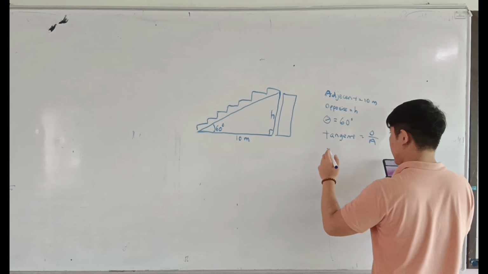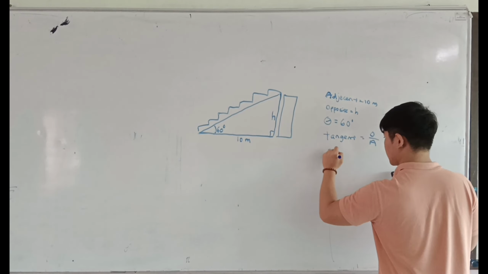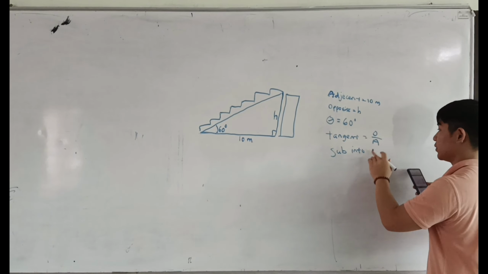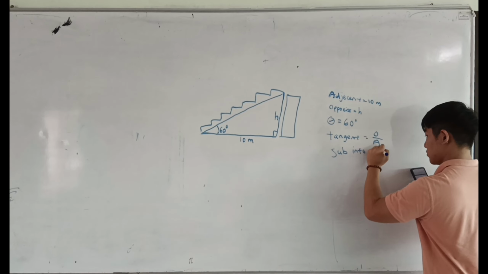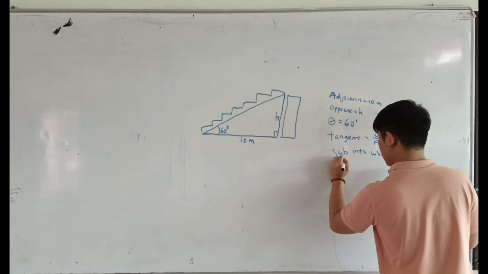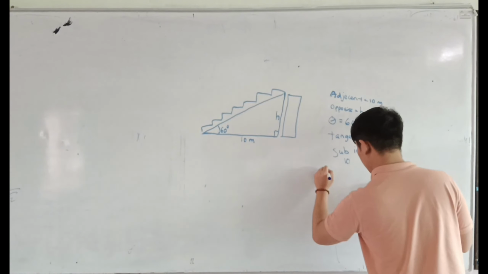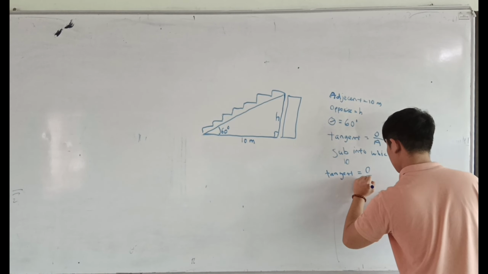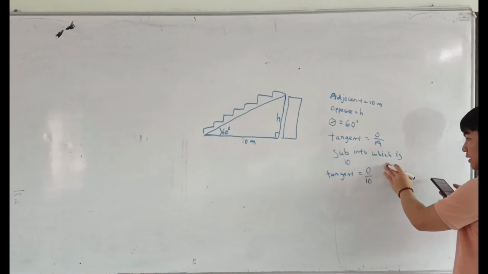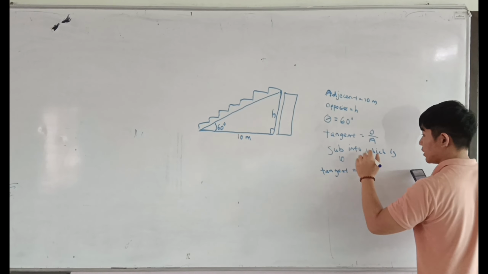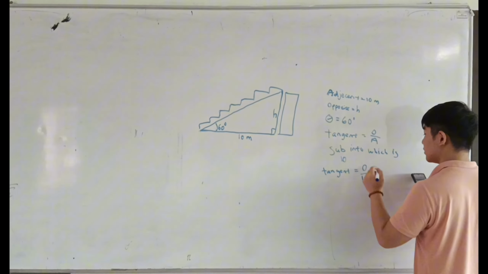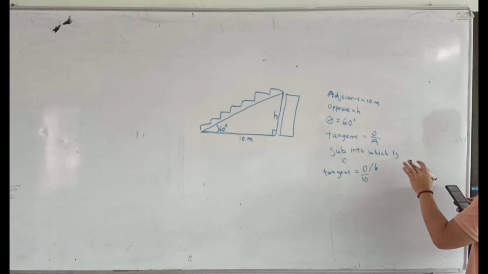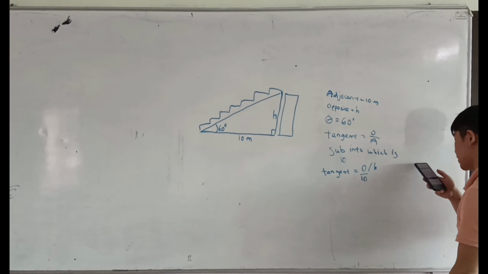So by subbing into A, which is 10, our tangent will be this. Or you can replace the O with the letter H, because you're finding H, so it depends on your best choice, whether you want to use O, opposite, or H, which we want to find right now.